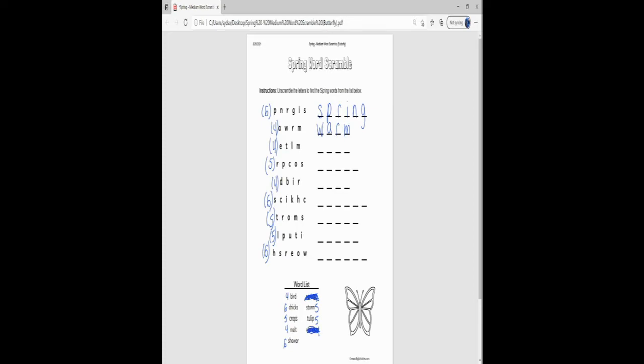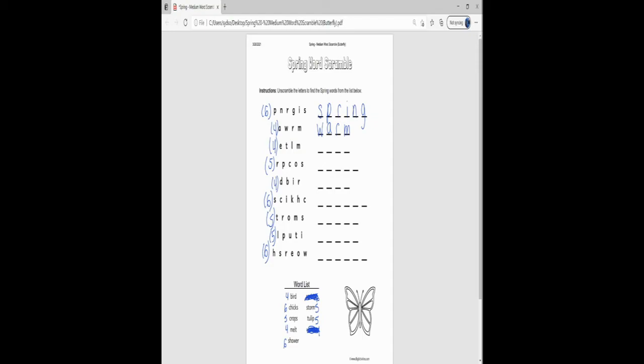The next word we have is E, T, L, M, and it has 4 letters in it. How many words do we have left with 4 letters in it? Very good. We have 2 words left, bird and melt. Let's look at the letters. The word bird has a B, I, R, D in it.